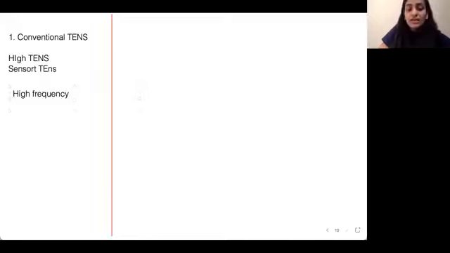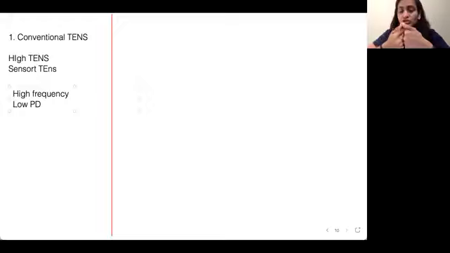Okay, what about the duration? If your frequency is increasing, what will happen to the pulse duration? It's going to be a low pulse duration. Now, what is pulse duration also called? Pulse duration is called pulse width. That means how wide the pulse is. What is frequency also called?